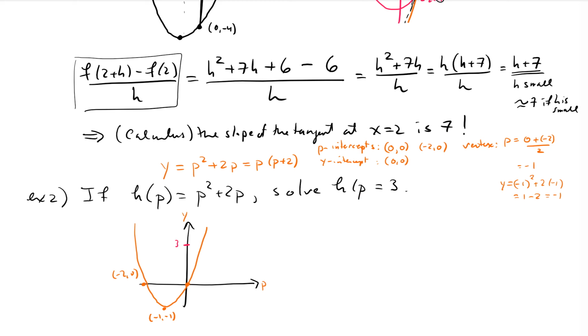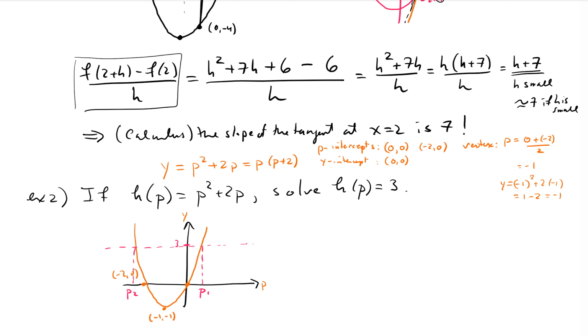So position 3 on the y-axis and draw a horizontal line like this, because we're trying to find any value of p that has 3 for its y value. So the values of p we're looking for are here and here. Let's say this is p1 and p2. Those are the two values of p we're looking for. We can sort of see one is a bit above 0, the other a bit below minus 2.